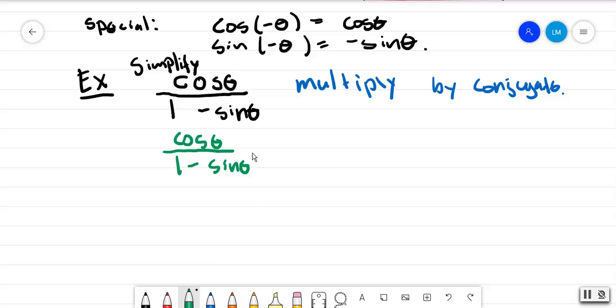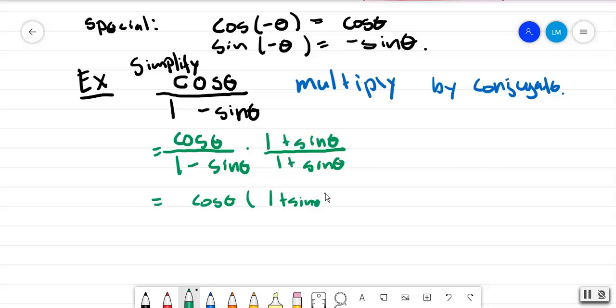Now, what we're going to do here is multiply by 1 plus sine theta divided by 1 plus sine theta. Now, if we multiply across, okay, so this is still equal. If we multiply across, we kind of don't want to do that, so let's just leave it like 1 plus sine theta. And this is all going to be divided by 1 minus sine squared theta.